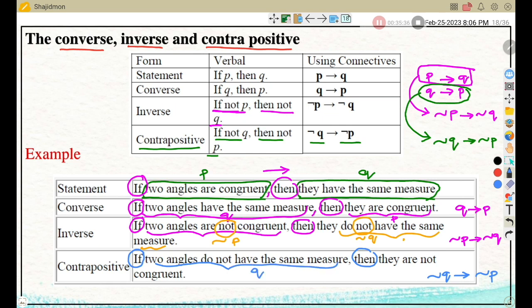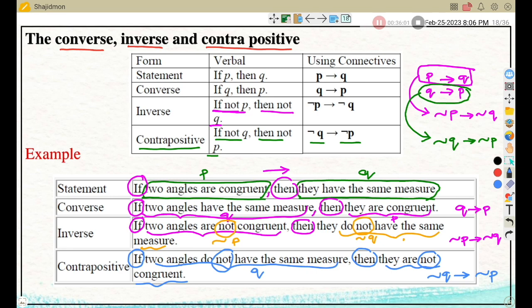Q means they have the same measure, so: if two angles do not have the same measure, then they are not congruent. Using the not symbol, not congruent. So that is the contrapositive of that statement. Hope you understood these three: from a statement, how to find the converse, inverse and contrapositive.